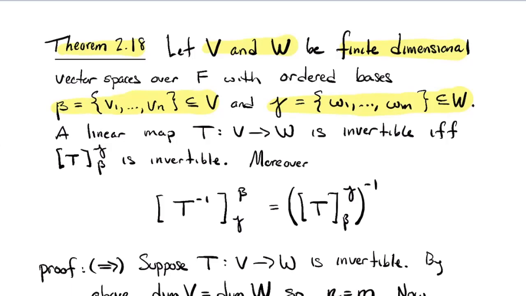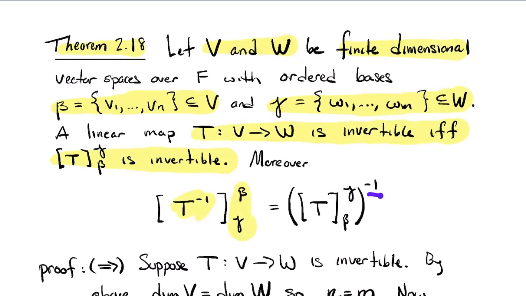Nice. All right, so the statement is that a linear map from V to W is invertible if and only if the matrix of it in those ordered bases is invertible. And then as a bonus, we even get something more. The matrix of the inverse map, note the order, T inverse goes from W to V, so I'm saying it's the matrix in the gamma beta basis.